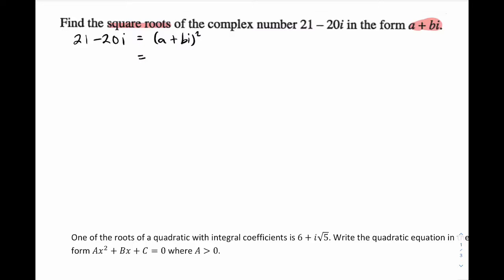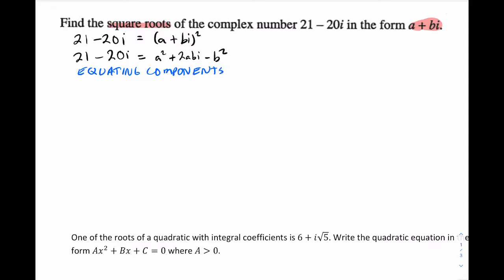Let's actually work this out algebraically. That's a squared plus 2abi, and that'll actually be a minus b squared because of the i squared. And now look at this thing. This might look like we can't do much with it, but we can actually do a technique and create a system here. So I call this technique equating components.